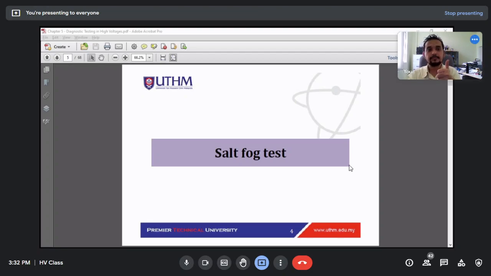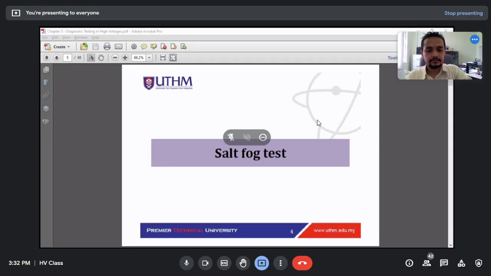That is one, and the other one is the ocean, by the beach, coastal area, in which the humidity of the air is greatly affected by the salt. And the salt is also to replicate the pollution or the water layer on the insulator surface to become conductive. This means that we conduct the salt fog test to represent the scenario that happens in real life.